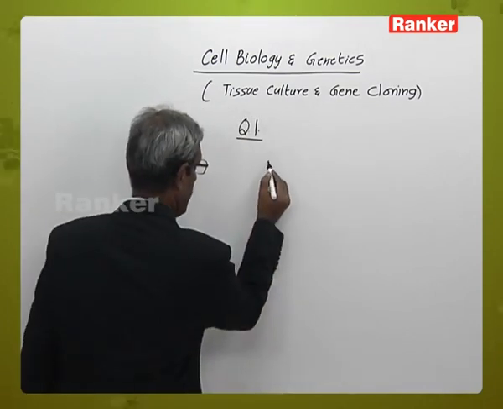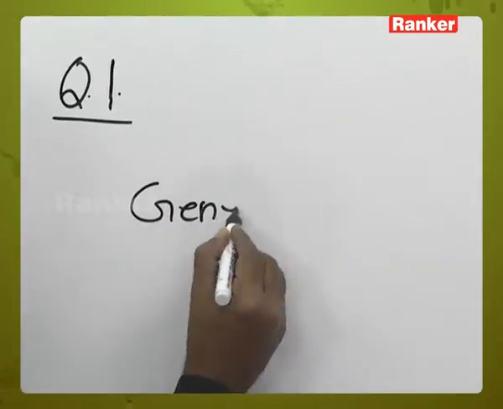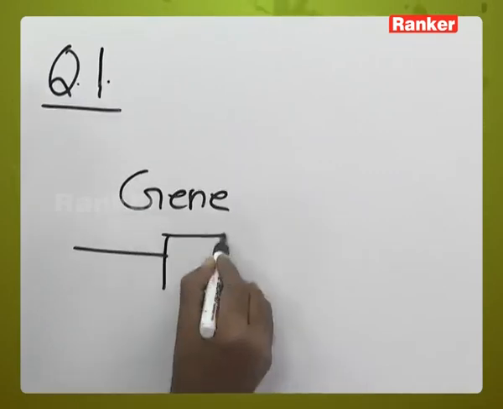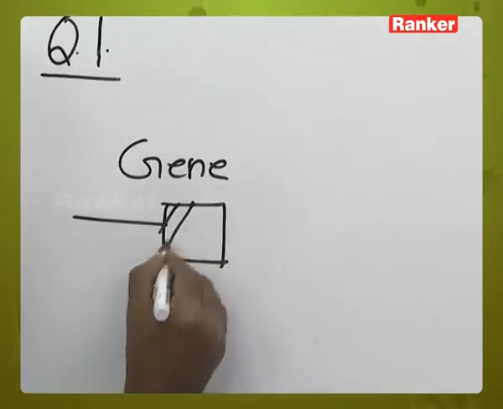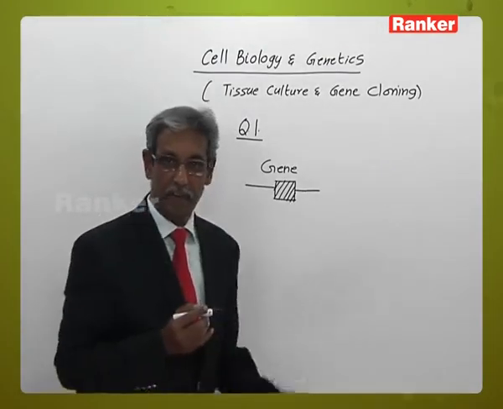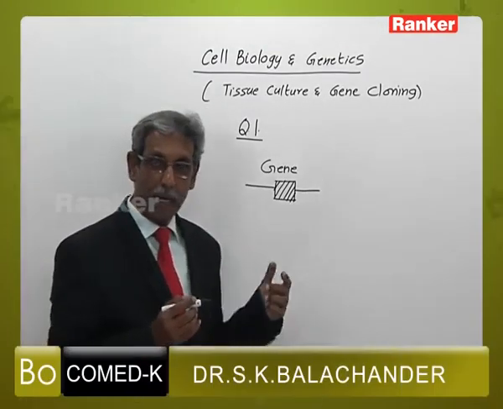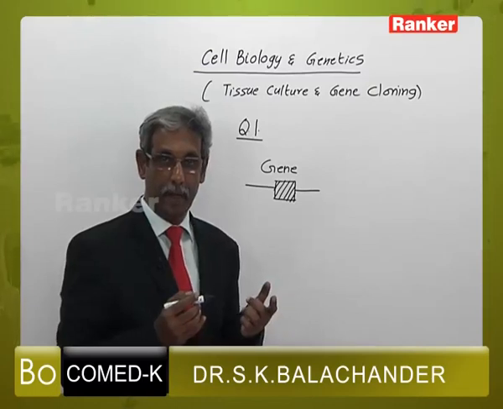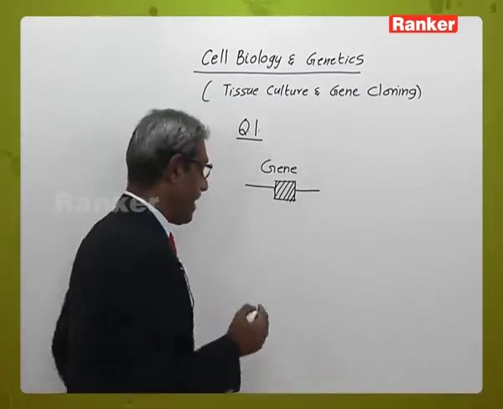Whenever we take a gene of interest, any gene of interest is taken and loaded into a vector. A vector primarily could be a plasmid.